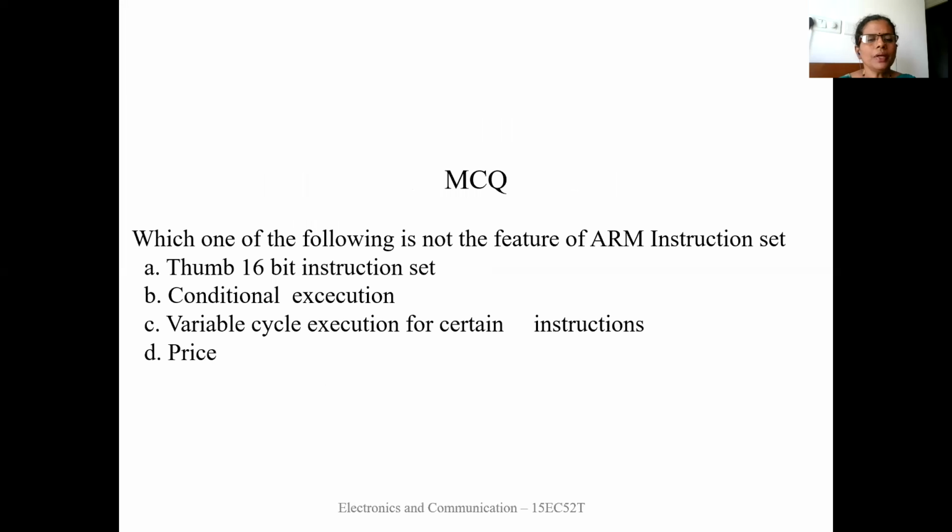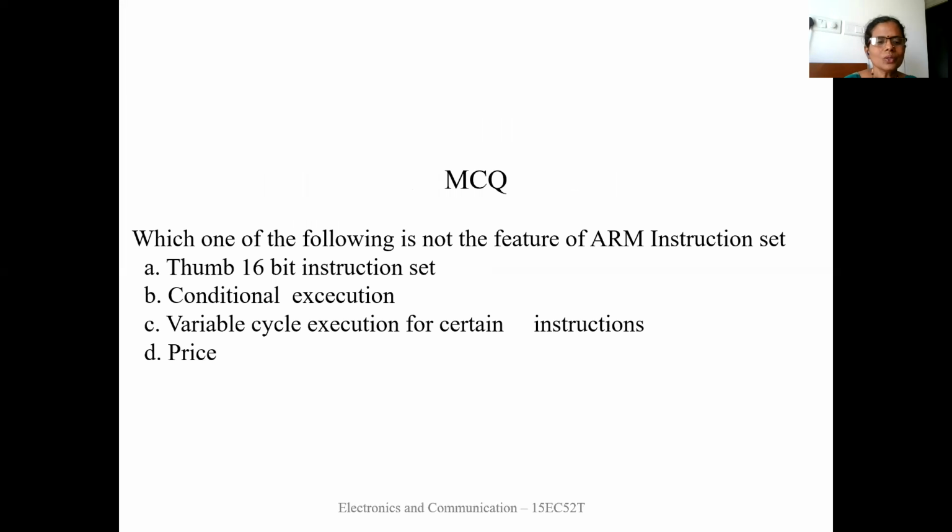Next question is, which one of the following is not the feature of ARM instruction set? To answer this question, you should know the features of ARM instruction set. Then you can answer it. The options are thumb 16-bit instruction set, conditional execution, variable cycle execution for certain instruction, and price.